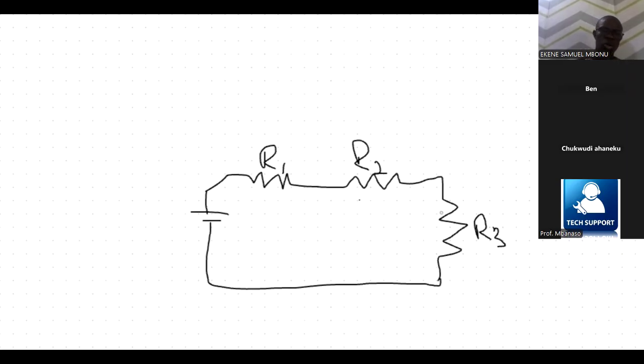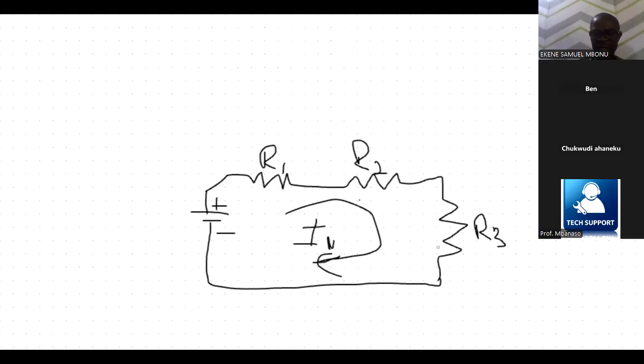Okay. So a current flows in this circuit. This is positive of the circuit, this is negative. Then current I flows through the circuit. We say they are in series because the same current flows through R1, R2, R3.